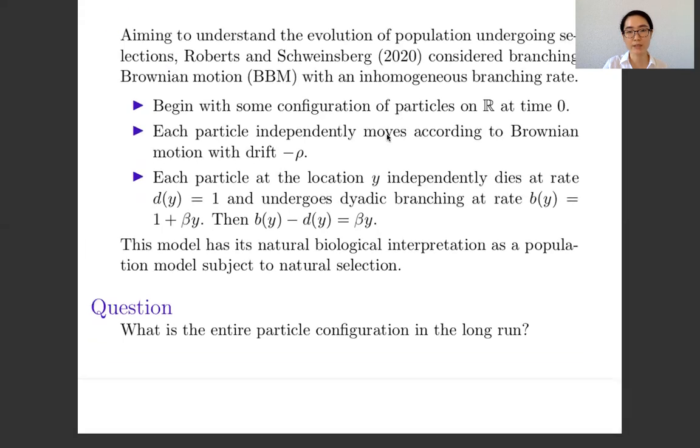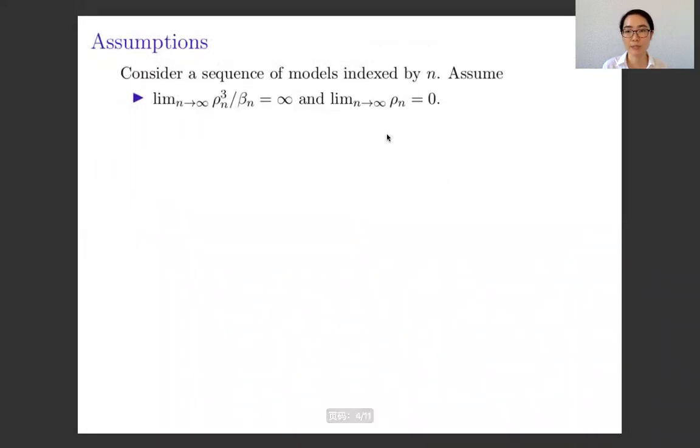To answer this question, let me introduce several assumptions. Because we are interested in the limiting behavior of the process, we need to consider a sequence of models indexed by n. We assume that the drift parameter rho is small, and the branching parameter beta is even smaller, such that the ratio of rho cubed and beta goes to infinity as n goes to infinity.